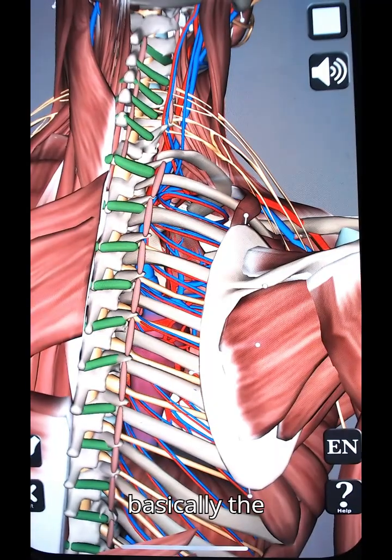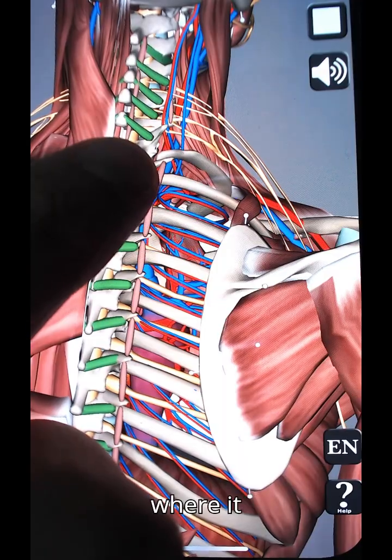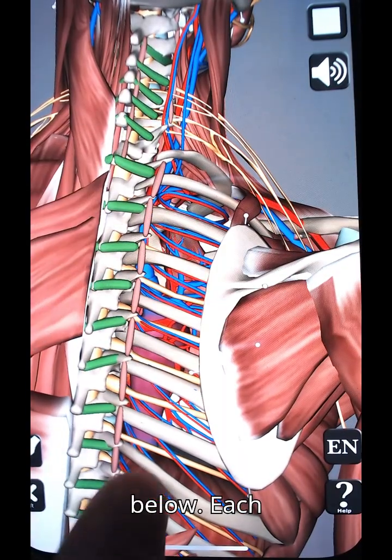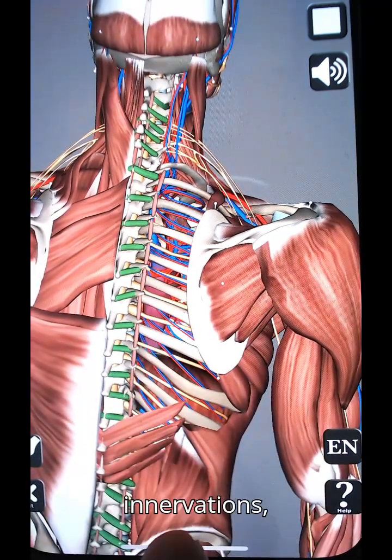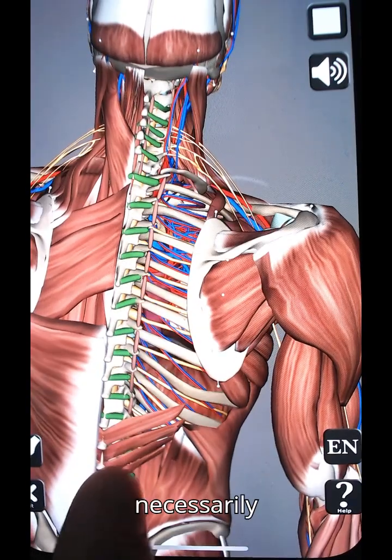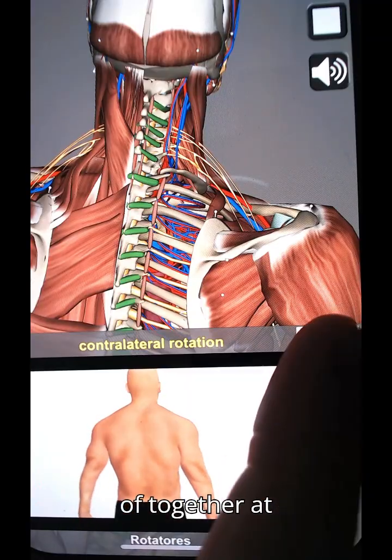So basically, the way I describe it is that it starts on the spinous process of a superior disc, so a disc above, and it goes to a disc below. Each one of these has branching innervations, and they don't necessarily work independent of each other. They work kind of together at rotating the back.